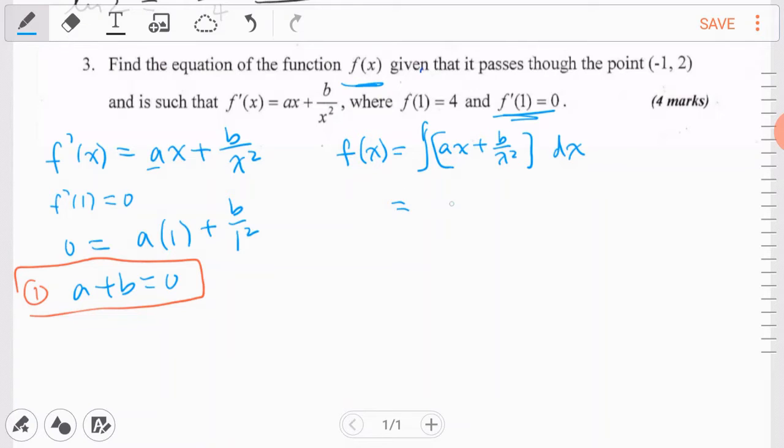So let's continue. This is a constant, so we can separate this into two integrals, but it's pretty intuitive. We don't have to write it down.